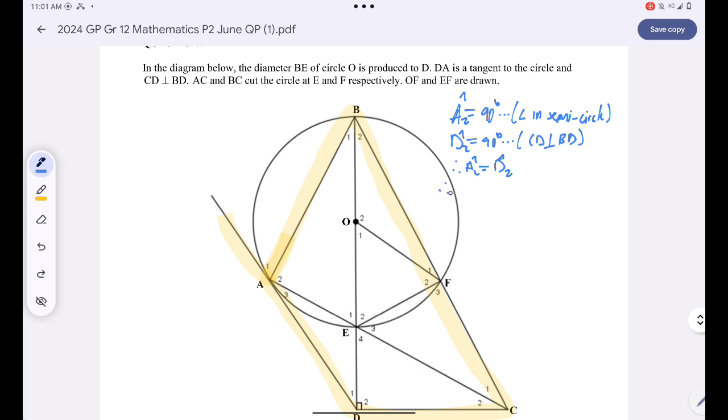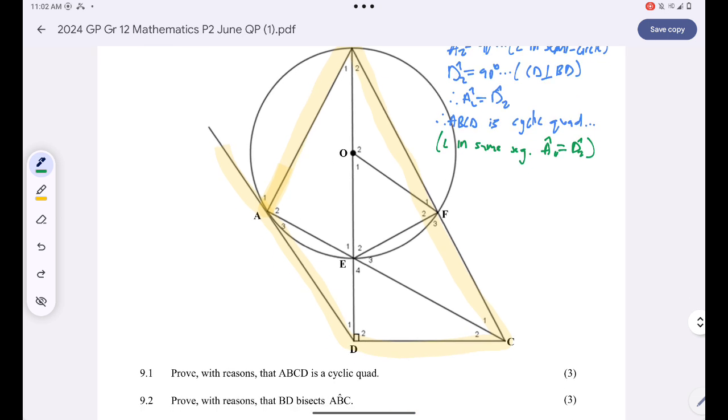I can therefore conclude that ABCD is a cyclic quad. The reason is angles in the same segment, and do write those angles. We are talking about A2 being equal to D2. That's how you're supposed to show that that particular shape is a cyclic quad.